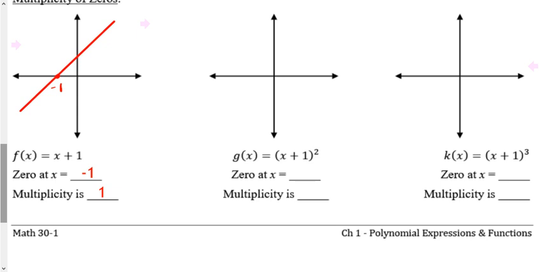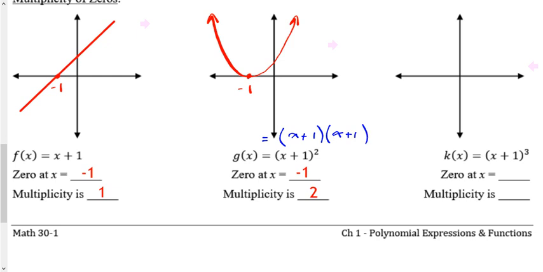Whenever I have a 0 with a multiplicity of 1, the graph just does a clean cut through the x-axis. Compared to this next one, I have a 0 at -1, but we'd say it has a multiplicity of 2 because we have this repeated factor. So we could say that g of x is x plus 1 times x plus 1.